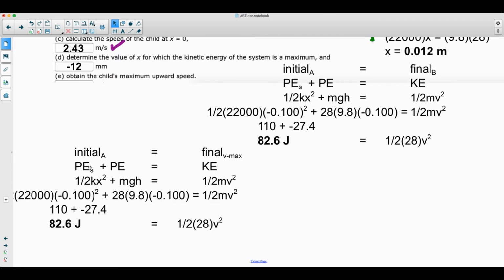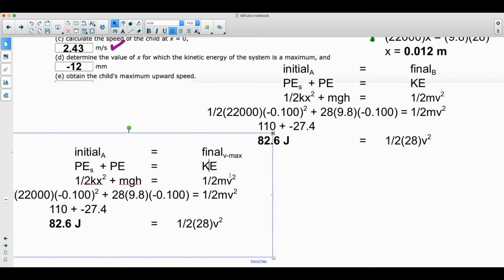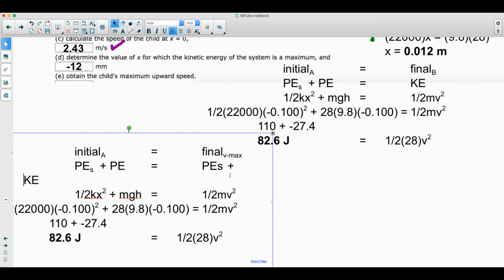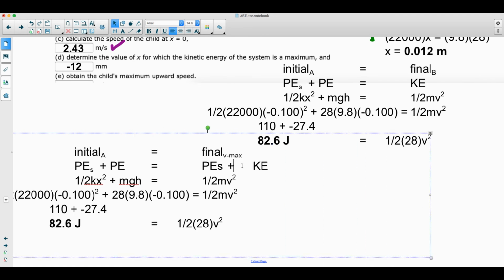And so at A, we knew it was PES and PE, and we went through all this business here. At v max, this is where it gets chunky. There's still PES plus there's actually some height below 0. So there's PE and there's KE.